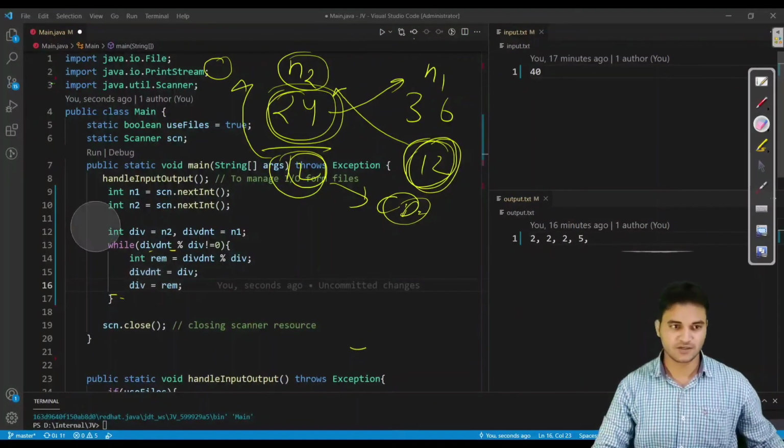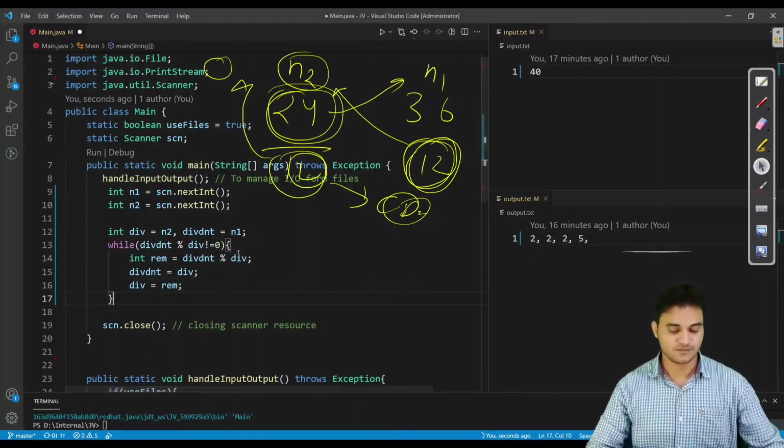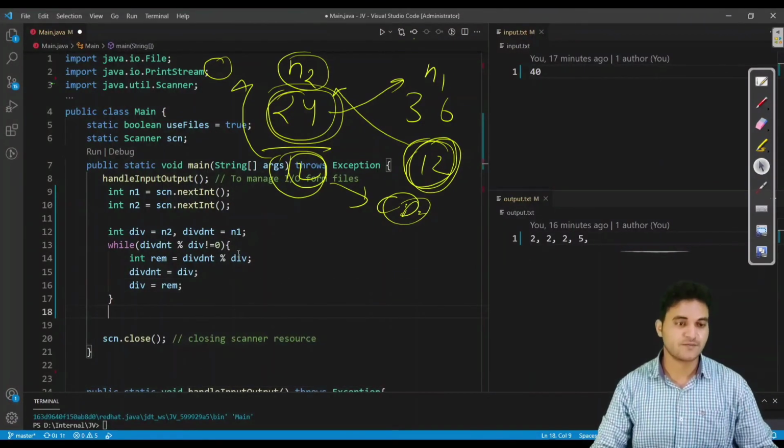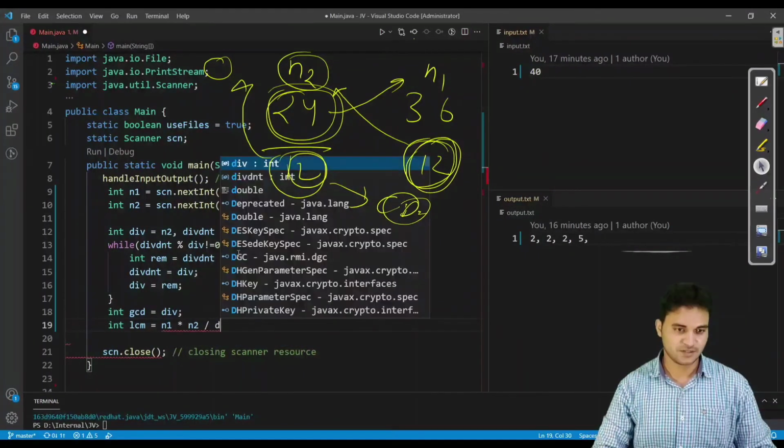So let us take it into GCD also. We got our int GCD as the divisor. Since we got our GCD, we can easily calculate the LCM using that formula, which was N1 into N2 divided by GCD.